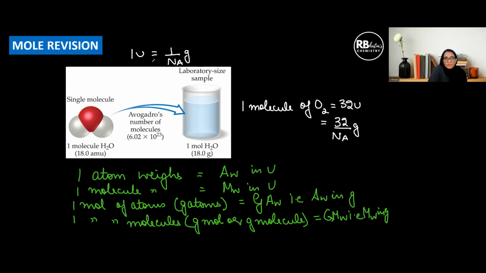In other words, you can also remember, children, that the mass of one atom in gram is equal to its gram atomic mass upon Avogadro number.